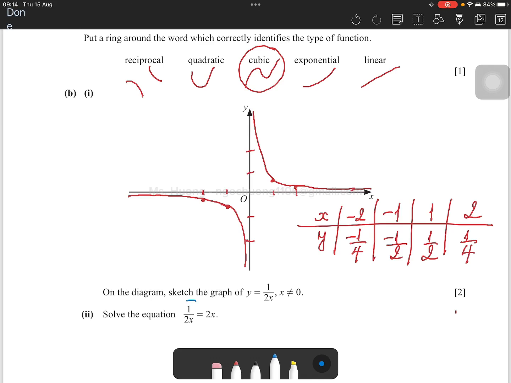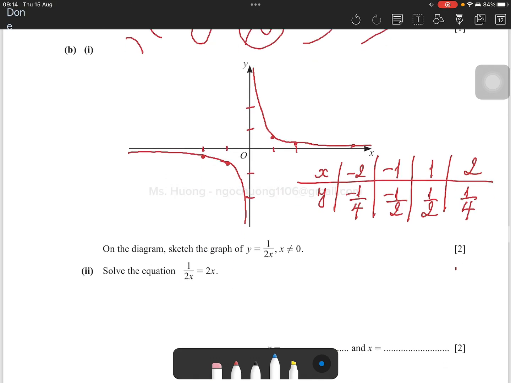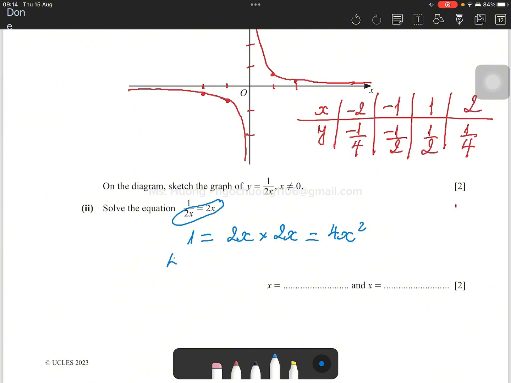Now solve the equation 1 over 2x equals 2x. To solve this equation, we can cross-multiply these two. So 1 is equal to 2x multiplied by 2x, which is 4x squared. And if 4x squared is equal to 1, then x squared is equal to 1 over 4.